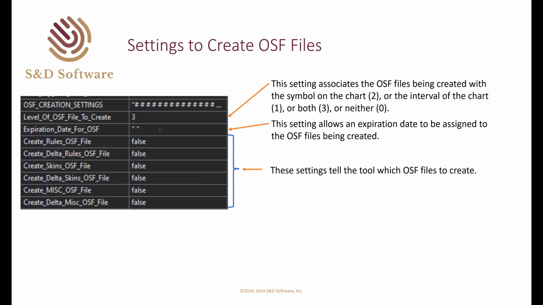Now, the next setting, if you actually want to use an expiration date, this is where you would put it. The exact format for that is listed in the manual. I don't remember it off the top of my head, but like I said, it's something that's rarely used, but it is available for those who have a need.